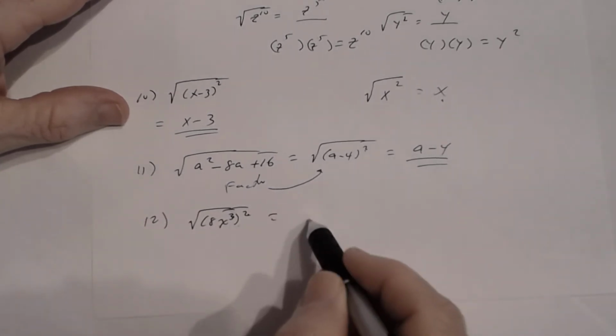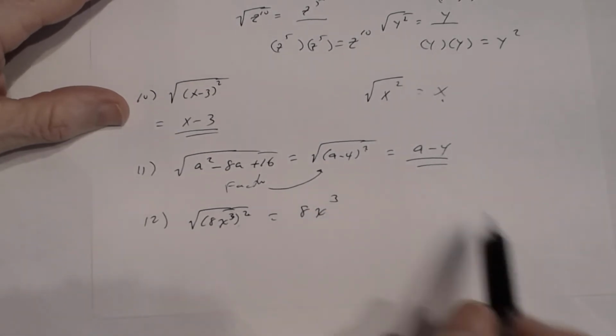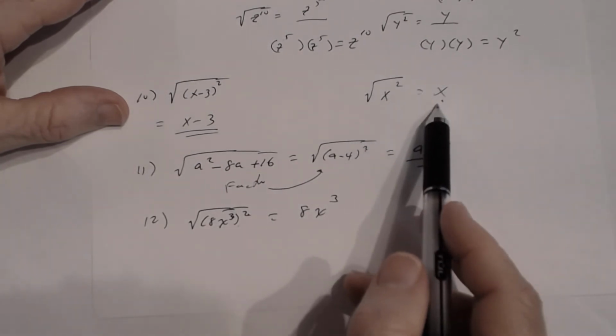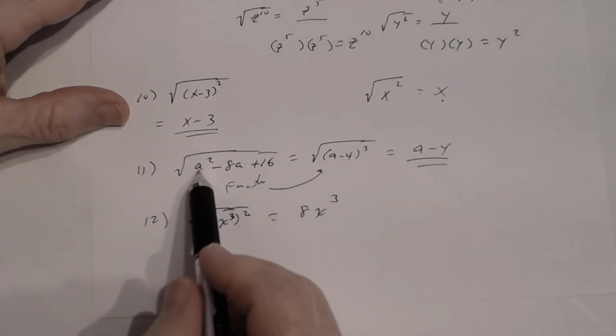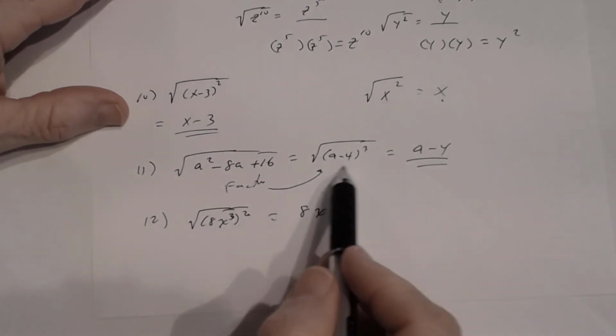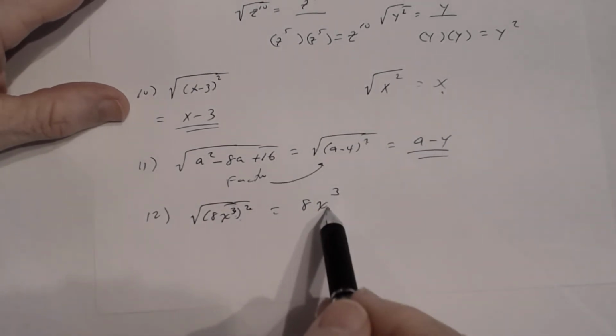So what do you think the answer is? Yeah, 8x cubed. That's the answer. Just like we talked about here. The square root of some base squared is just the base.